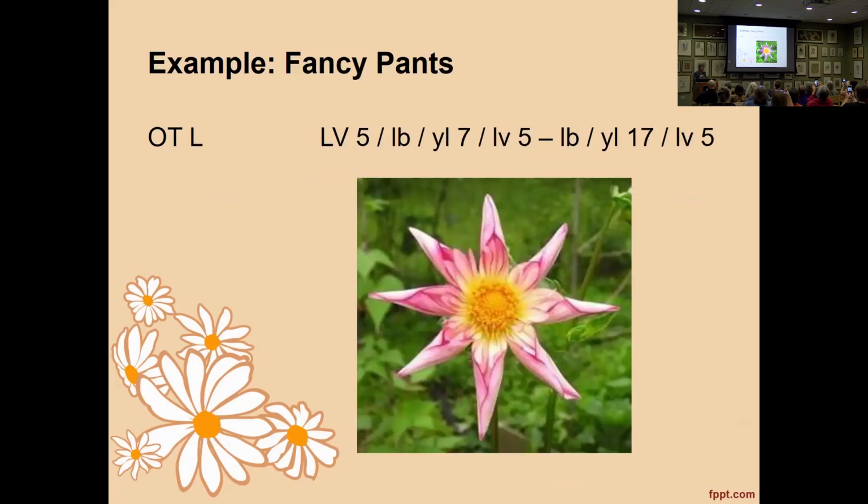Then this is probably one of the most complicated ones, Fancy Pants, orchid lavender. So the reverse is a lavender 5. Then the face of the ray florets is a light blend, and the colors are yellow 7, lavender 5.